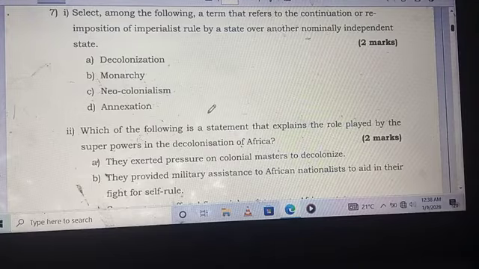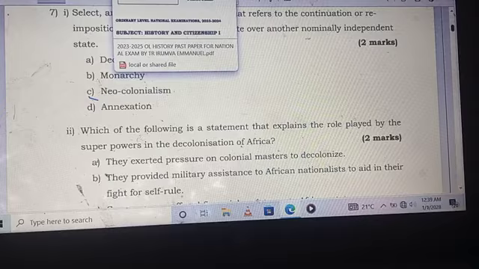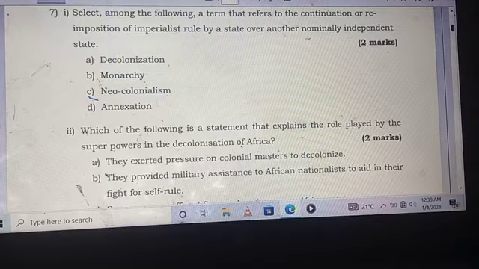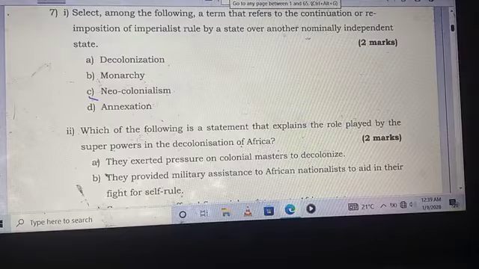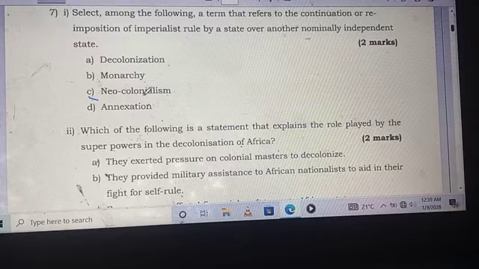Which one is the best? The best one is letter C, neocolonialism. Neocolonialism means powerful countries continue controlling independent states indirectly.